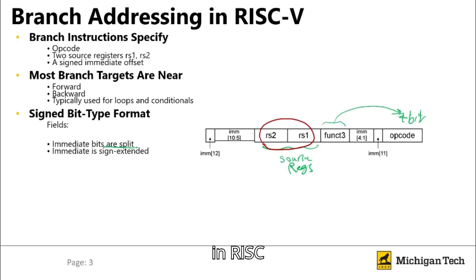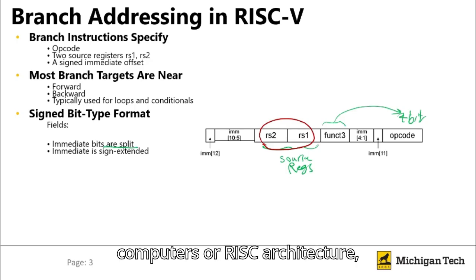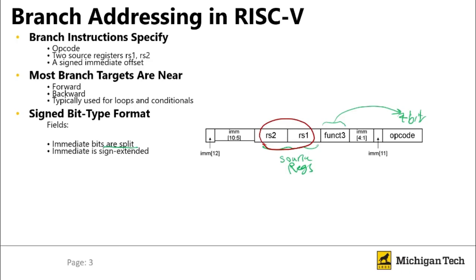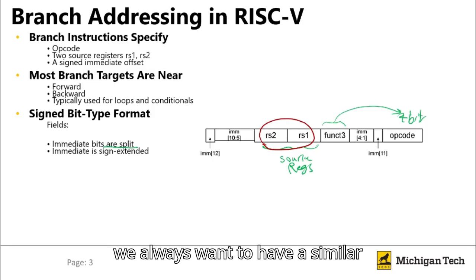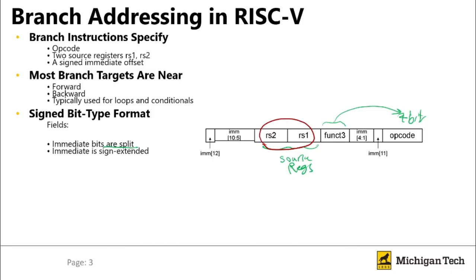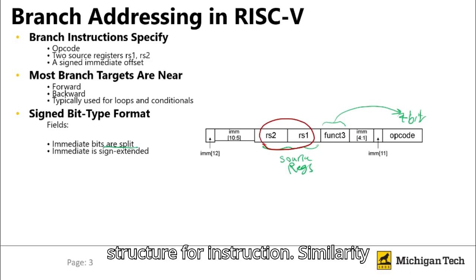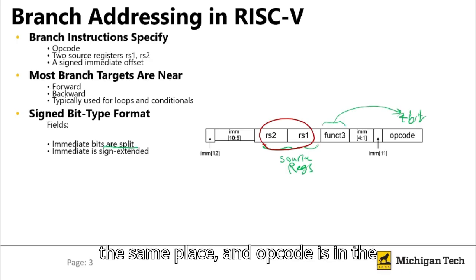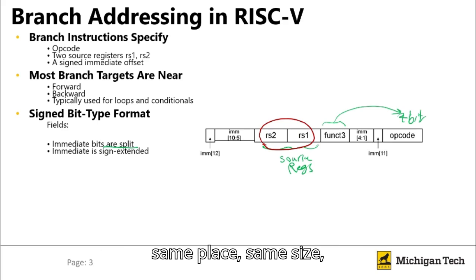So in RISC computers or RISC architecture, we always want to have a similar structure for instructions. Similarity means registers are always in the same place and opcode is in the same place, same size and similar. That makes it faster.